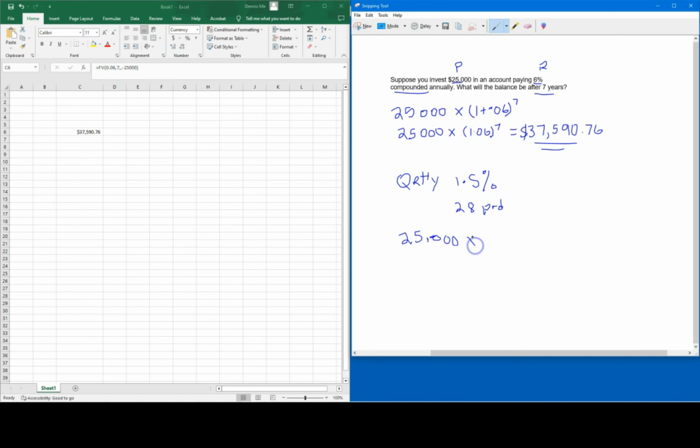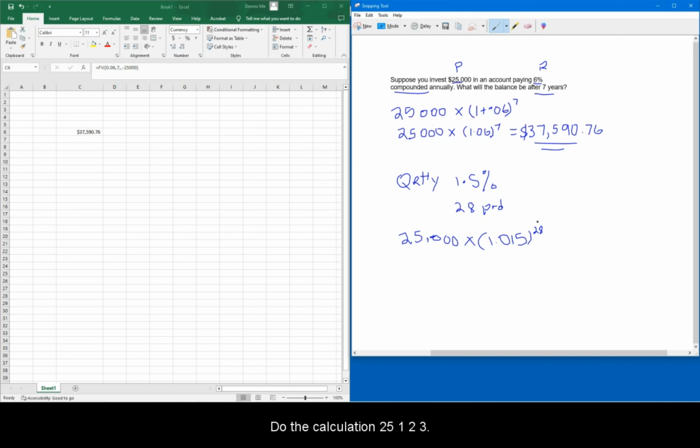So 25,000 times, since it's 1.5%, that would become 1.015, raised to 28 instead of the 7.